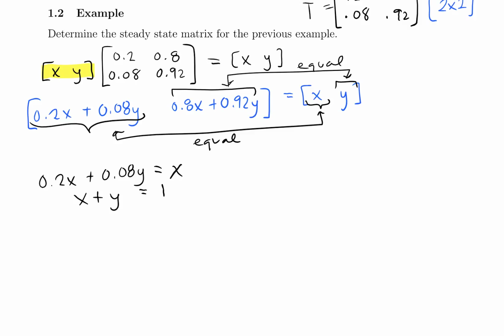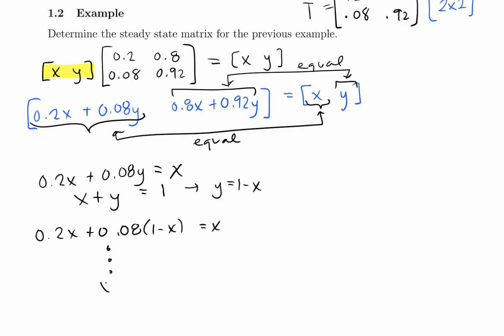So now we have a system of two different equations, and we can go ahead and solve for x and solve for y. If I start with the second equation, I'm going to rewrite y as 1 minus x. And so then the first equation, we get 0.2x plus 0.08 times (1 minus x) equals x.